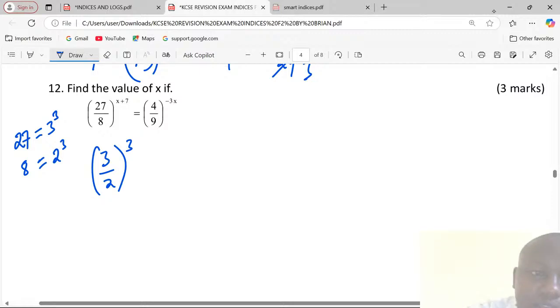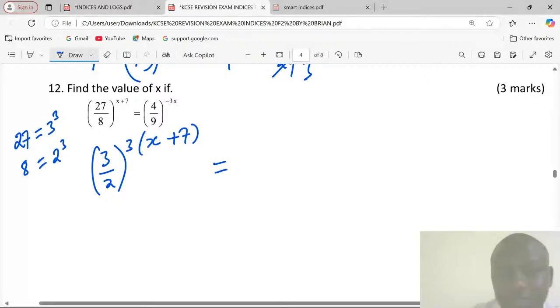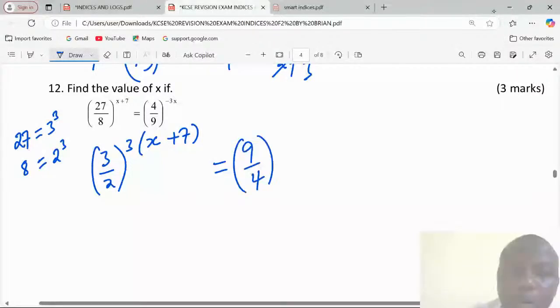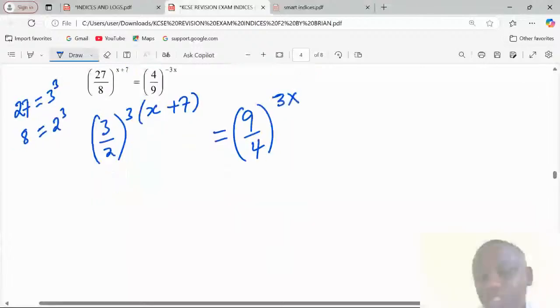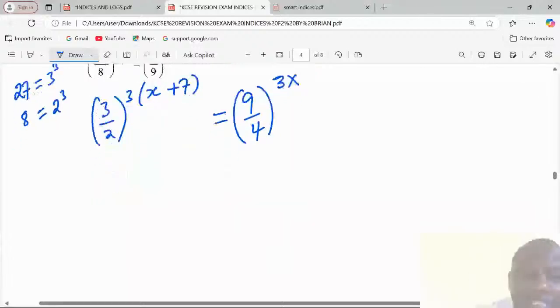Then now there is an existing power of x plus 7. This is equivalent to, looking at the right hand side, we have a fraction, the power is negative, instead of negative now, positive 3x. At that point, we can also examine 9 and 4 and discover that 9 is the equivalent of 3 squared, and 4 is the equivalent of 2 also squared.